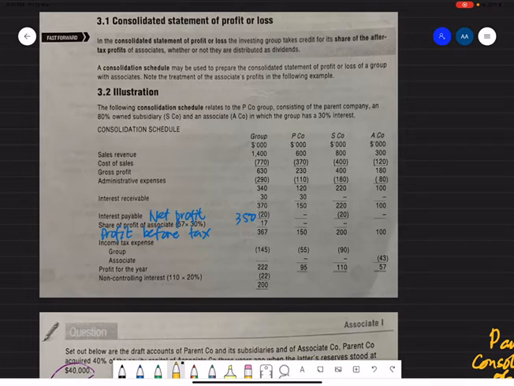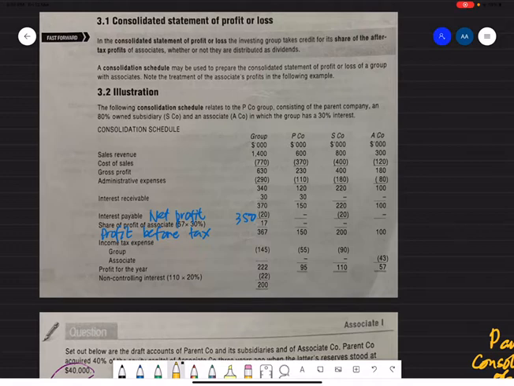You need to add parent and subsidiary, however not the associate company. If you look line by line, sales revenue, cost of sales, administrative expenses, interest receivable and interest payable are added up across the board, which comprise P and S. And then you will arrive at a net profit.